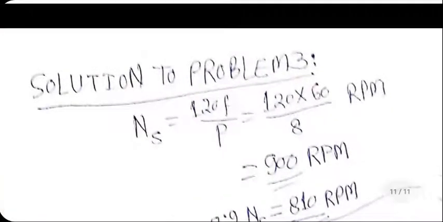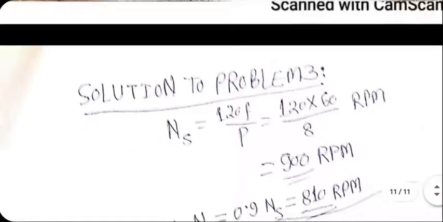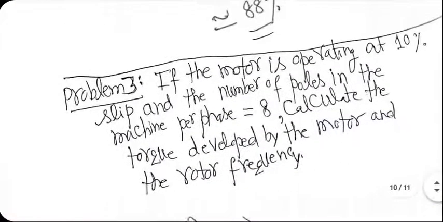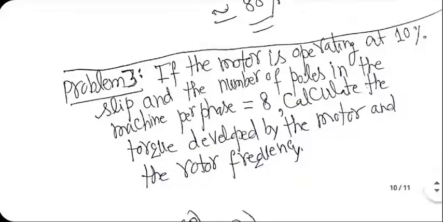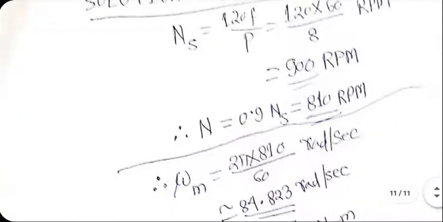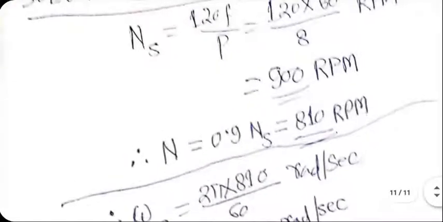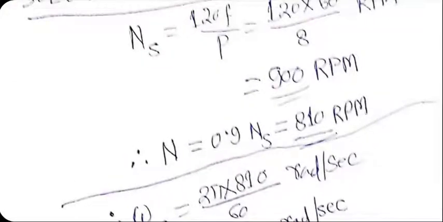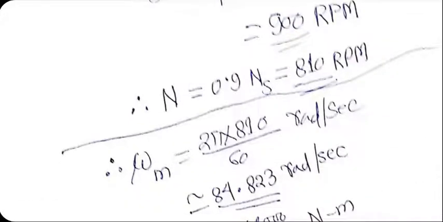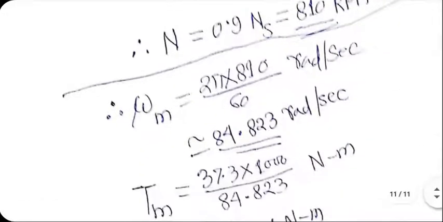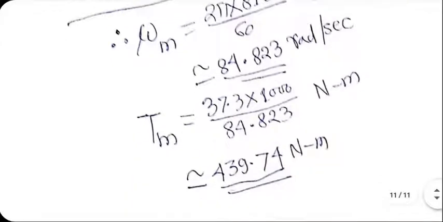I should have written 120 F1, but I wrote only 120 F. But anyway, NS works out to 900 RPM. And the slip is given as 10%, which means 0.1 in the relative sense. So you can easily figure out the rotor speed as 0.9 times NS, 810 RPM. Omega is of course easy to calculate by 2 pi n divided by 60. And once you know omega and you know output power already, you can easily figure out the torque.